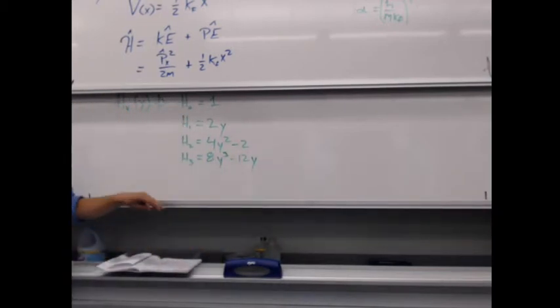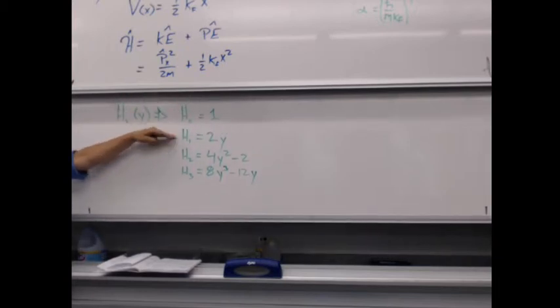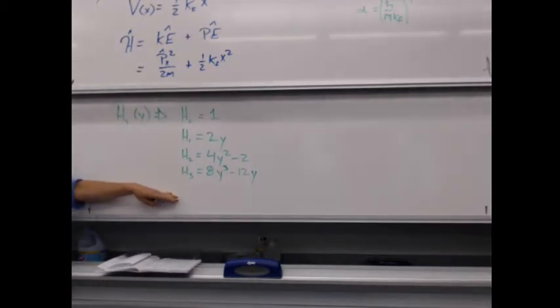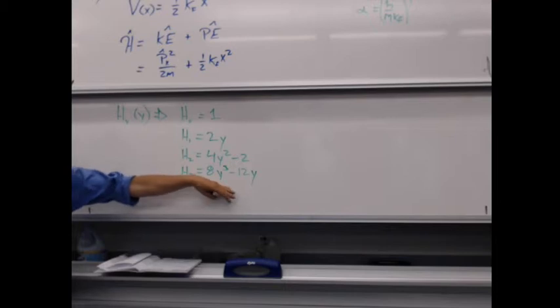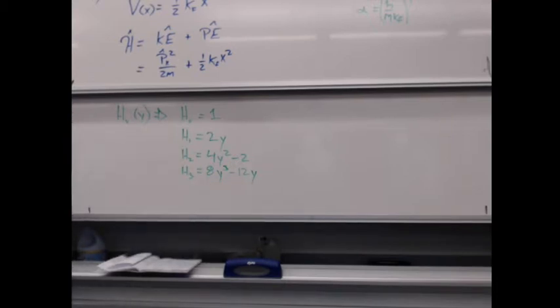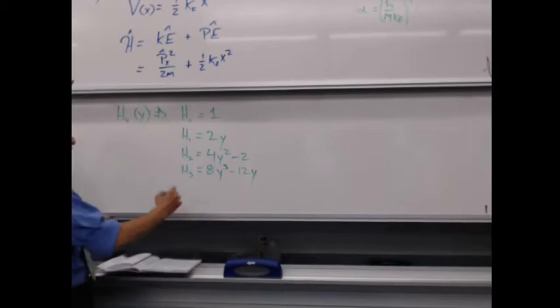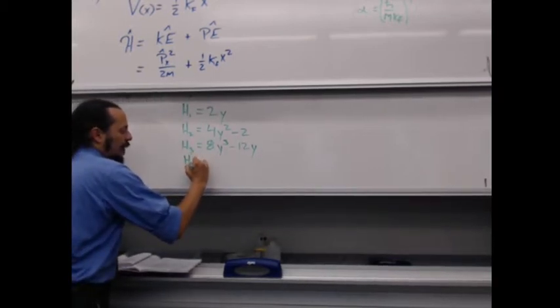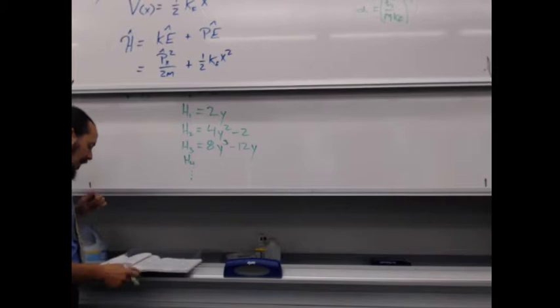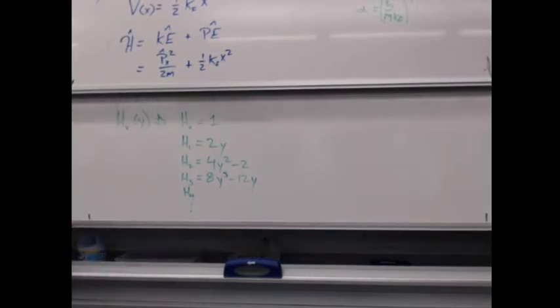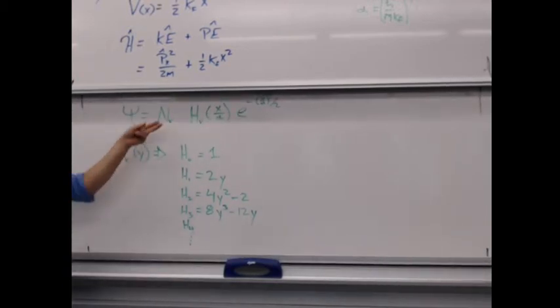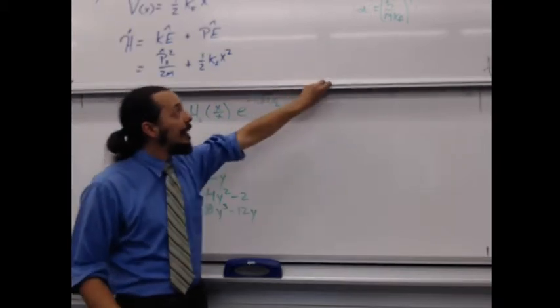I knew I made a mistake because it should go even, odd, even, odd. So I knew this one should be odd, so I needed that y cubed. And that's particular to these polynomials. So this gives us the set of functions, and then we could keep going. These functions are solutions to this equation up here in green.